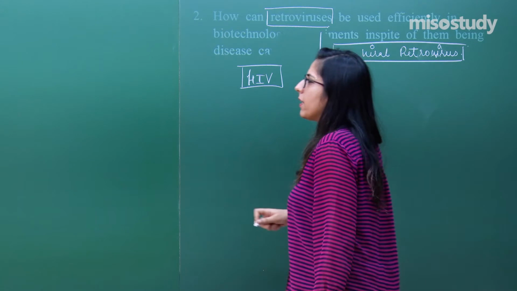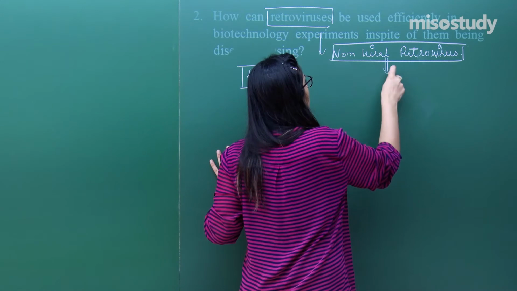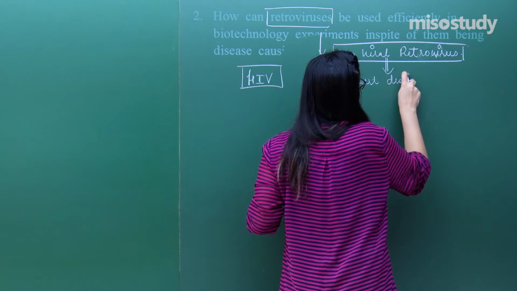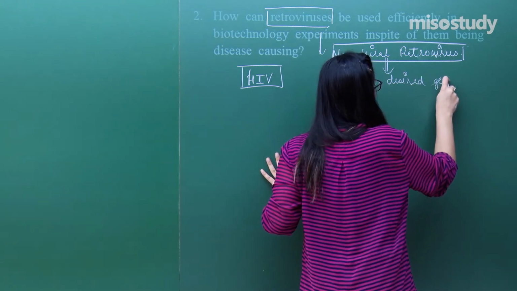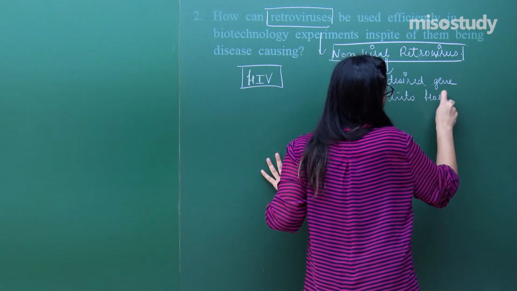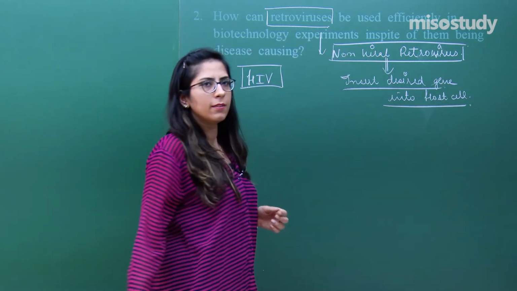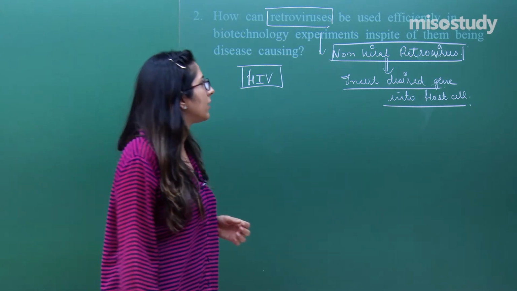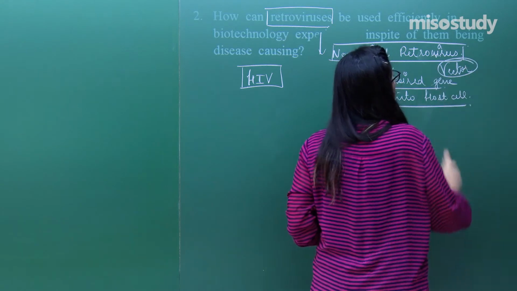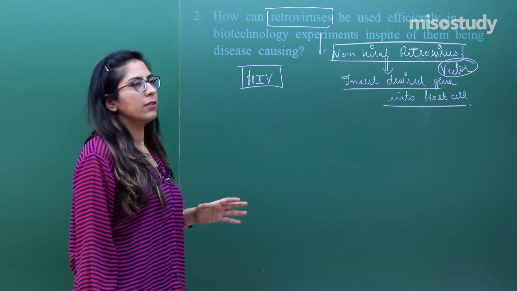This particular retrovirus has the capability to insert a desired gene into the host cell. That's why these are used as a vector, a vehicle for the transformation process. I hope the second question is clear to you.